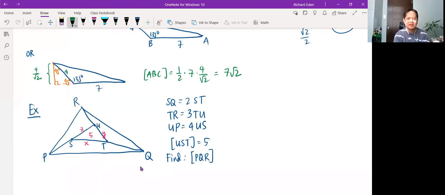Baka trapezium. Wait. Let me see. So the first equation involves STQ. The second equation involves TRU. And the third equation involves UPS, which are collinear. So what seems to be connected by segments, they're collinear. So RUT, QTS, and PSU.